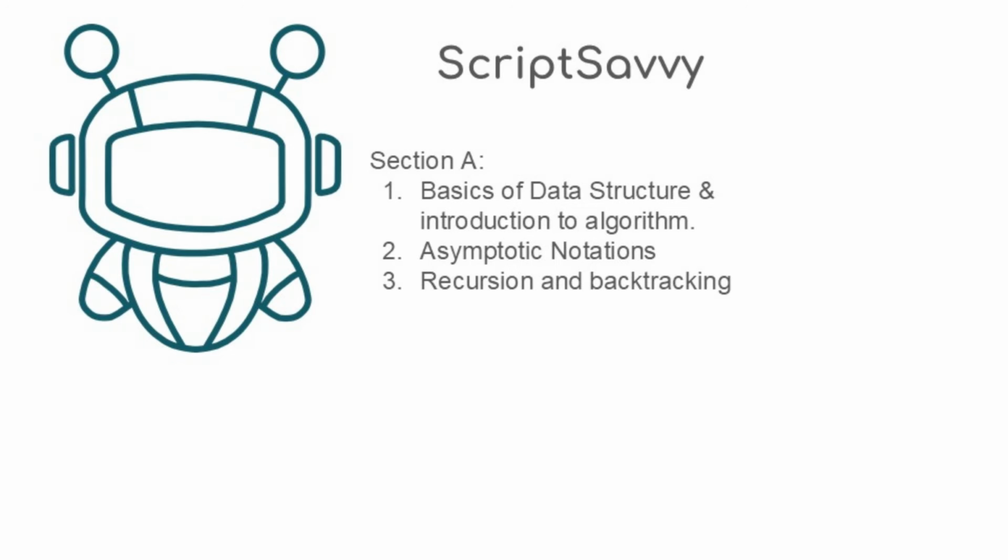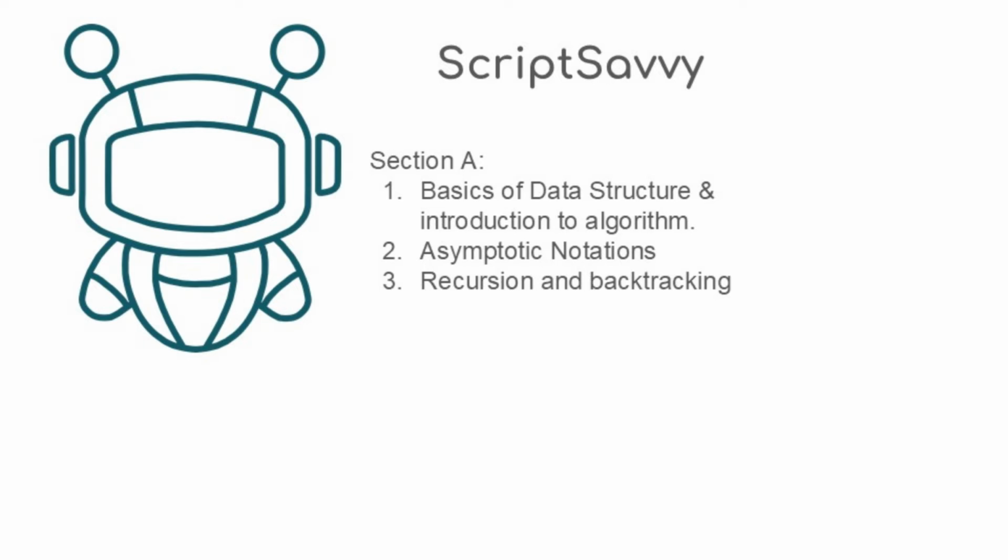And now the next topic, recursion and backtracking. So recursion is reoccurrence. When a function calls itself again and again to solve a problem, that is known as recursion. Like factorial of n. To find factorial of n, we multiply n with n minus 1.